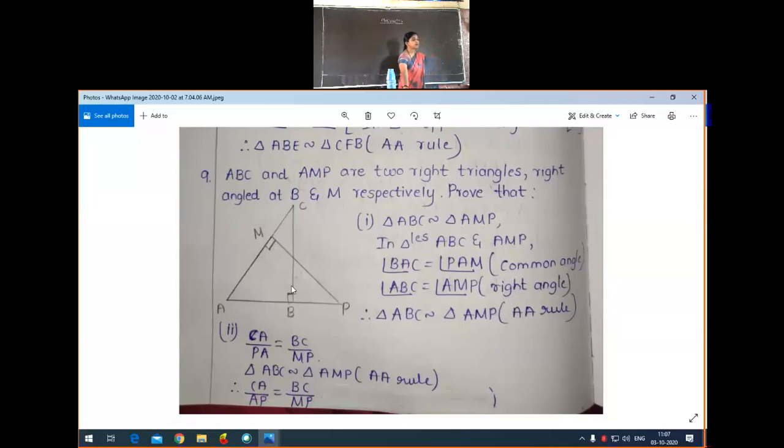The reason is corresponding sides of similar triangles.